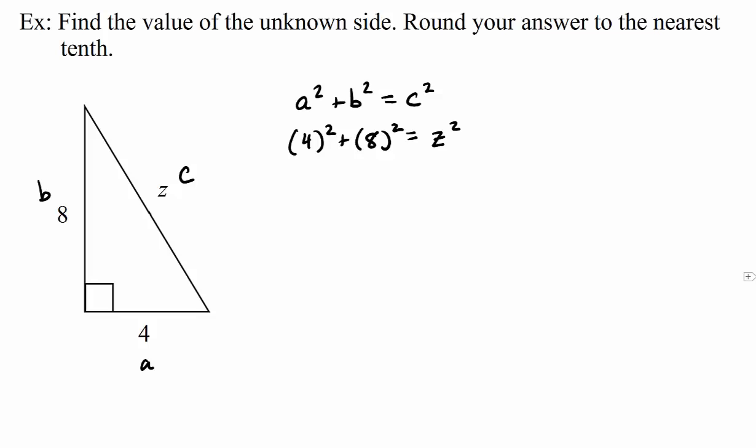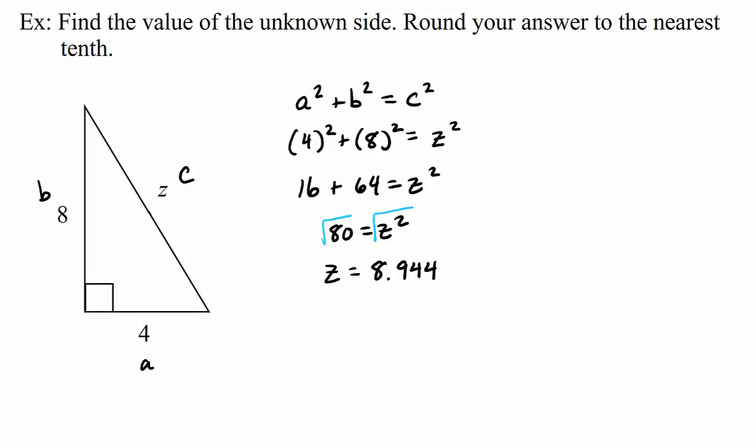I'm then going to simplify the left-hand side by squaring 4, squaring 8. I'm then going to add those together to get 80. And then I'm going to square root both sides to get rid of the square on the z, and I will get that z is equal to 8.944.